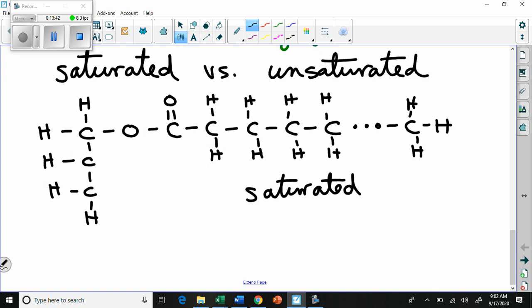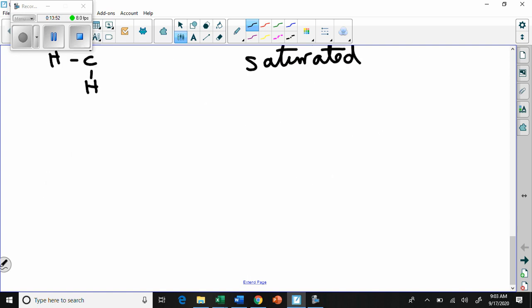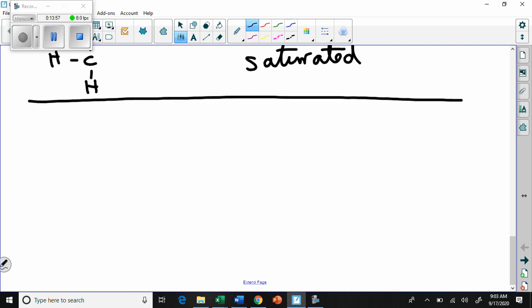Okay? And the reason is because we have all the hydrogens we possibly can get on the carboxylic acid chain. But watch what happens if instead of single bonds, there happen to be some double bonds between the carbons, which is possible too. So let's redraw another picture. Let's draw our little happy glycerol. It's just happy. There we go.